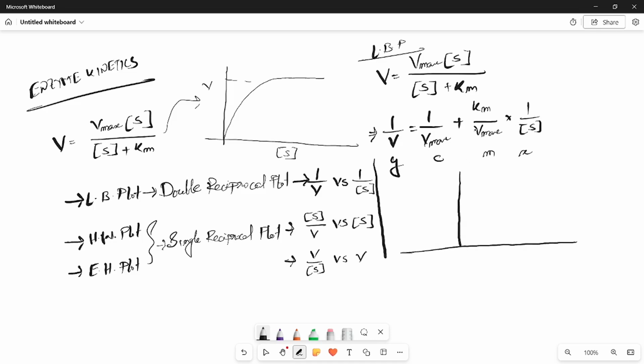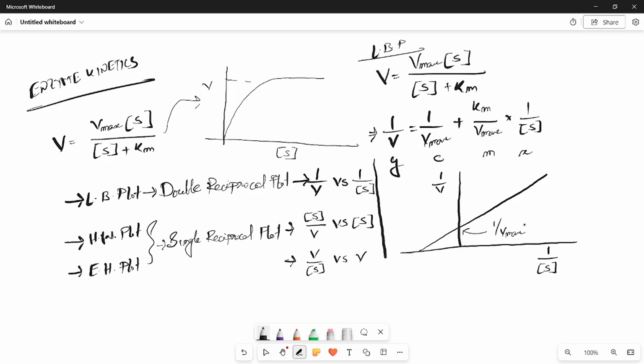There is some intercept as well, right? The equation will be like this: y axis is 1 by V, x axis is 1 by S. This is the intercept. This point is called 1 by Vmax.